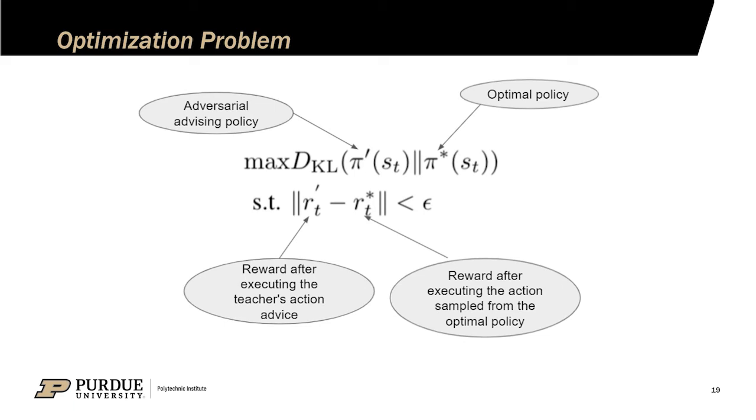The constraint is that the reward after executing the teacher's action advice should not be much different from the reward after executing the action sampled from the optimal policy. By solving this optimization problem, the attackers can successfully launch the poisoning attack.